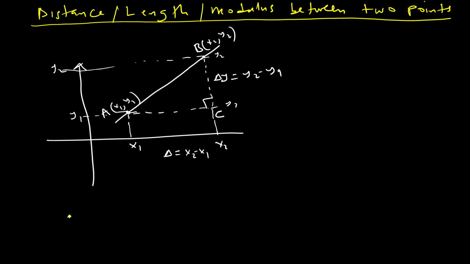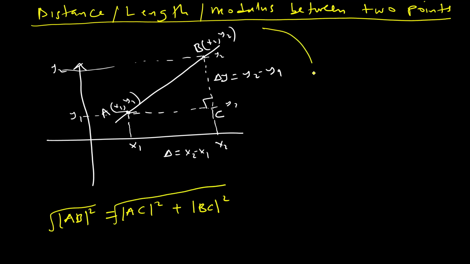So AB squared is equal to the sum of the squares of the other two sides, so we have length AC squared plus length BC squared. We want to find AB, so take the square root on both sides.